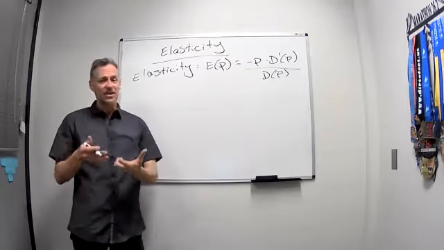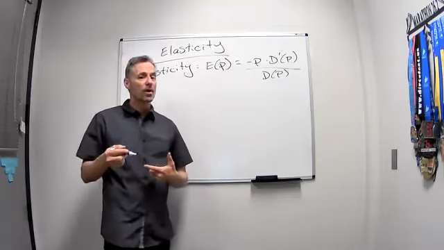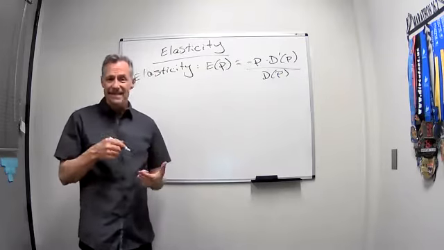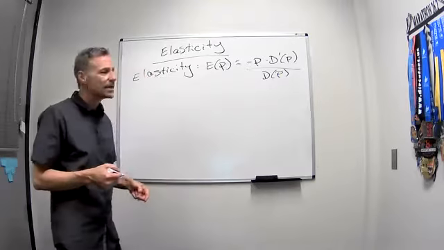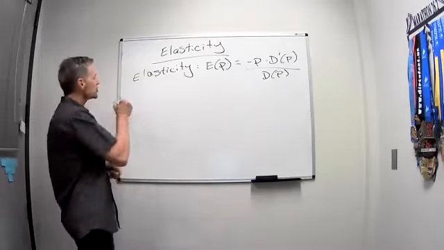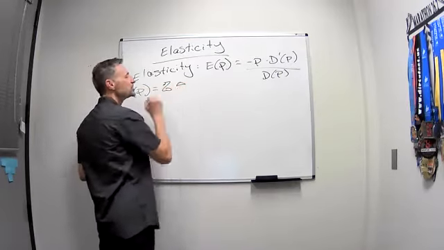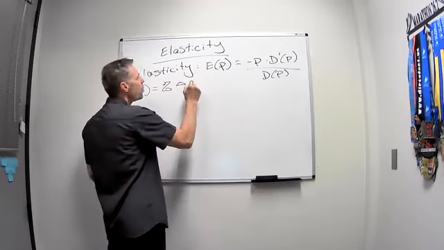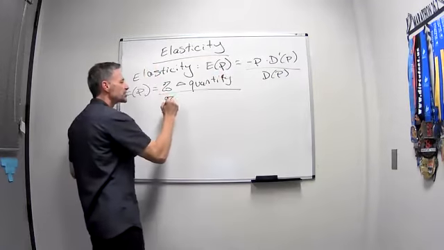Now, I have another video that I'll link at the end of this video where I talk more theoretically about where elasticity comes from, what it means, and we build up to it. But there's my formula, and what it refers to, E of P, so elasticity, it's the percent change in quantity over the percent change in price.